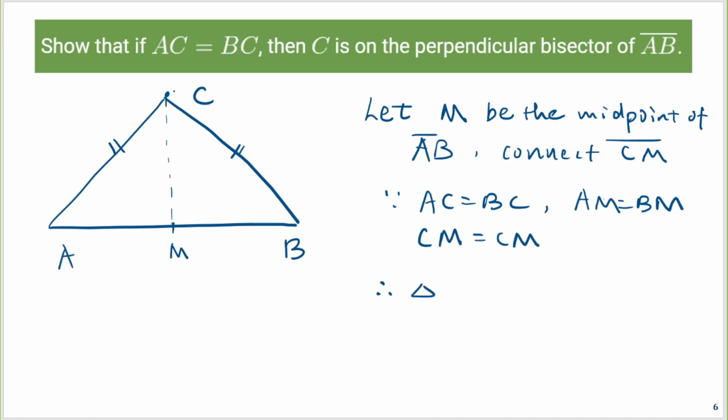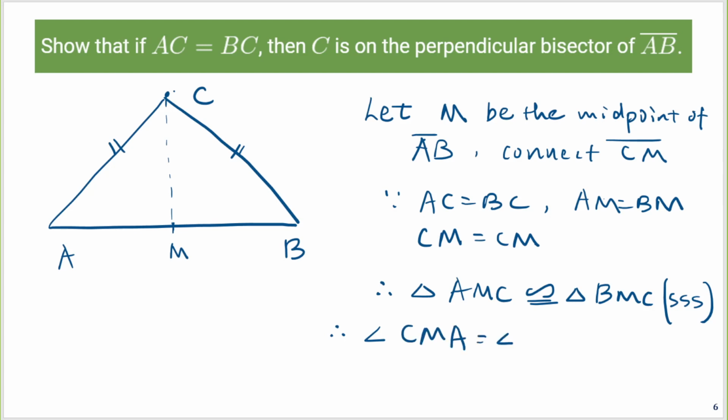Therefore, triangle AMC must be congruent to triangle BMC according to SSS congruence, right? Therefore, angle CMA must equal angle CMB, which is 90 degrees, right? Therefore, we can prove C must be on the perpendicular bisector of AB. You see that?